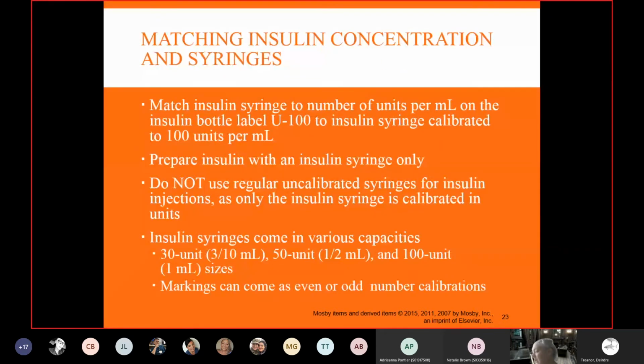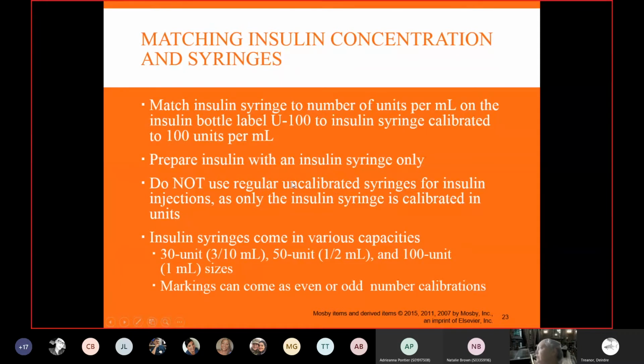So matching insulin concentration and syringes. Again, remember U100, you want to use a syringe calibrated to 100 units per milliliter. Only use an insulin syringe when you're preparing your insulins. Never, ever use a regular syringe.